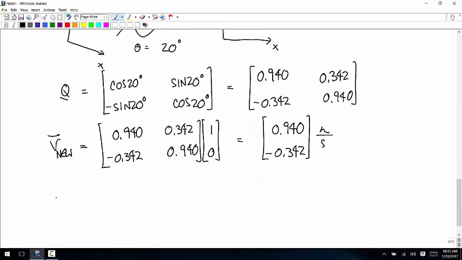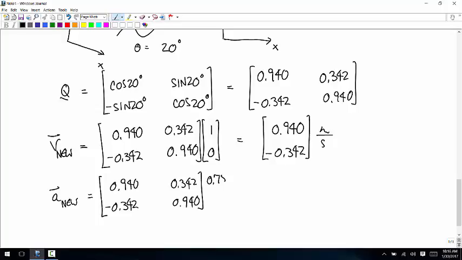And then for the acceleration in the new coordinate system, that's [0.940, 0.342; negative 0.342, 0.940] times 0.750.